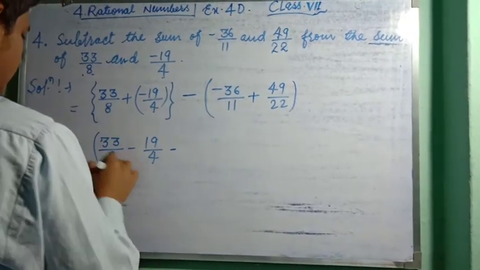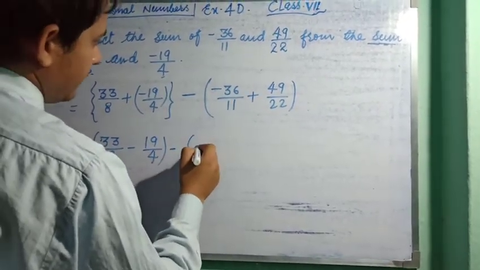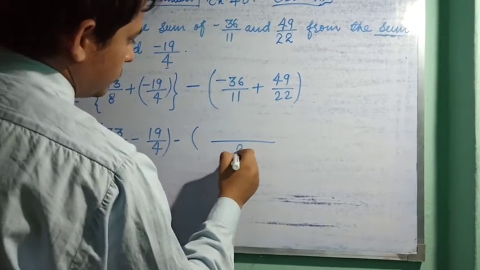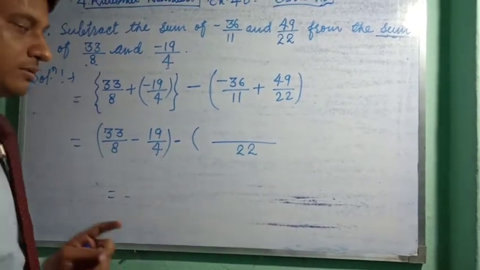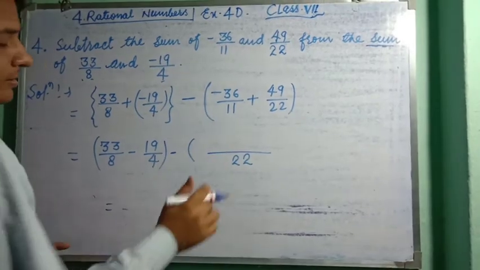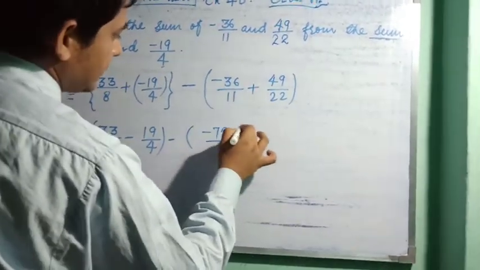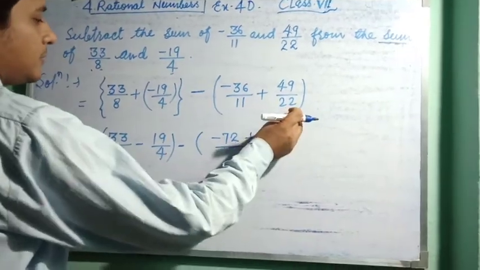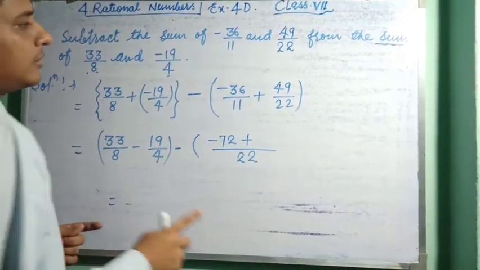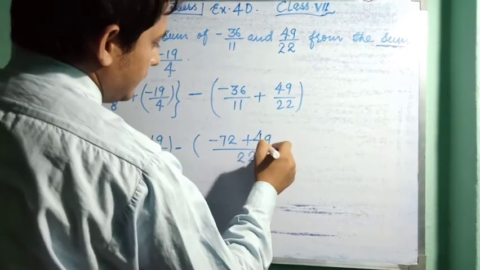Now take the LCM. 22 is the LCM. Divide 22 by 11, you will get 2. 2 multiplied by minus 36 is minus 72. Here is plus. Divide 22 by 22, get 1. 1 multiplied by 49 is 49.